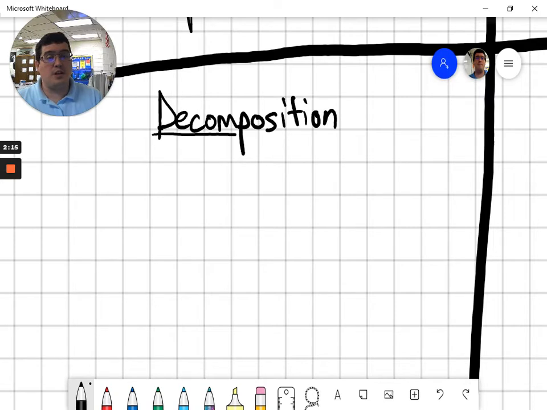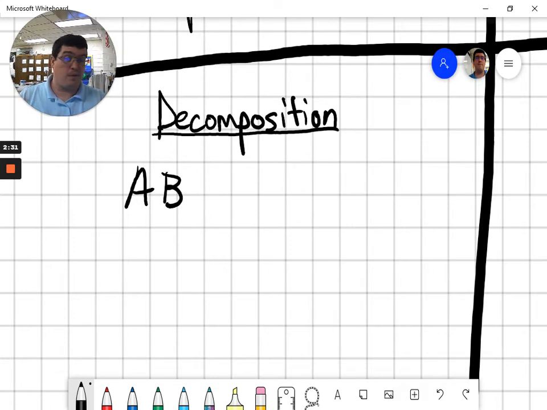And decomposition is probably a word you're familiar with, right? Dead bodies decompose, and the way they decompose is they break apart into their constituents. And that's what we see with the decomposition. Its general format is you start with a compound, maybe a small compound, maybe a large compound, but it breaks up into smaller pieces.